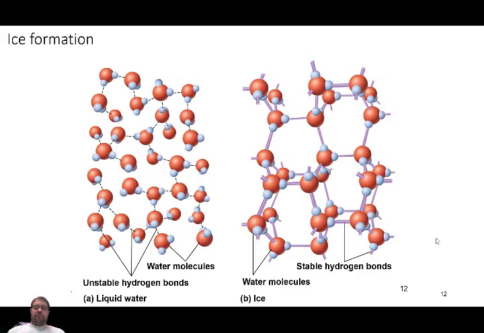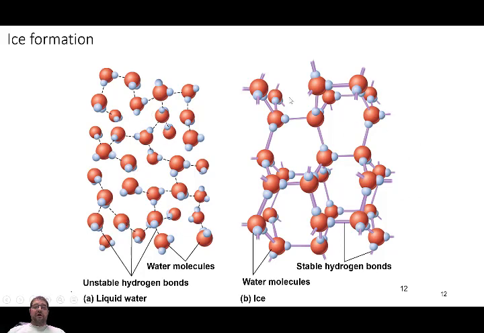So here, just to reiterate that, we're talking about density, before the ice formation density. Here you can see liquid water. You can see that the water molecules are closer together in liquid water. They're not forming stable hydrogen bonds with each other. Okay, they might form a hydrogen bond for a little bit and then break free, a little bit, break free. Okay, they are still attracted to each other, and that's what holds them close to each other.